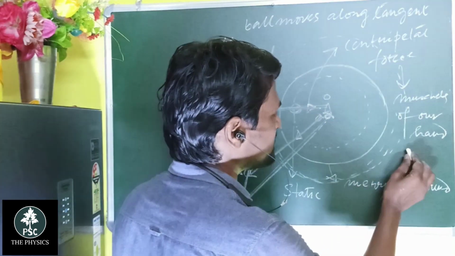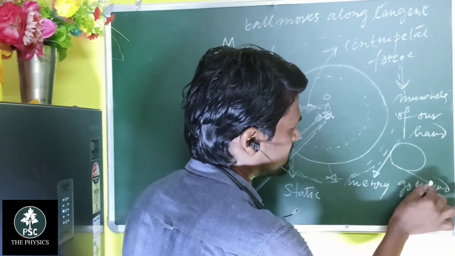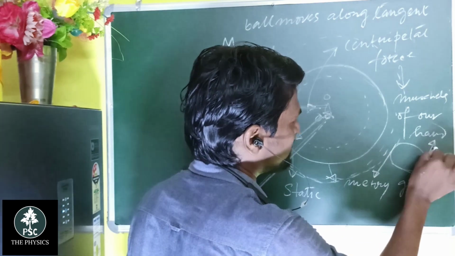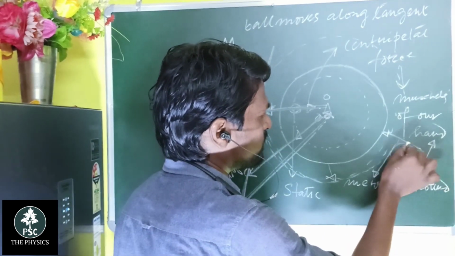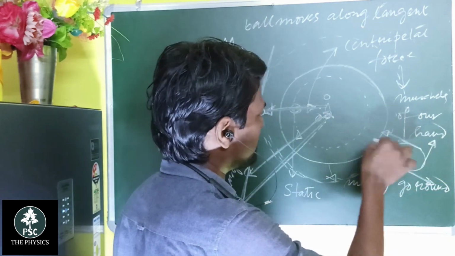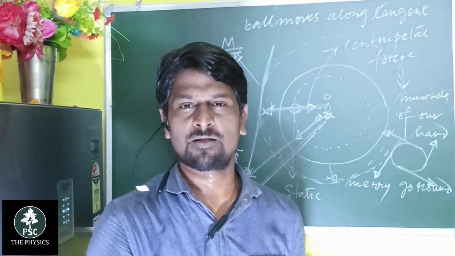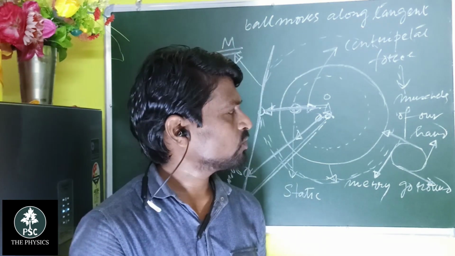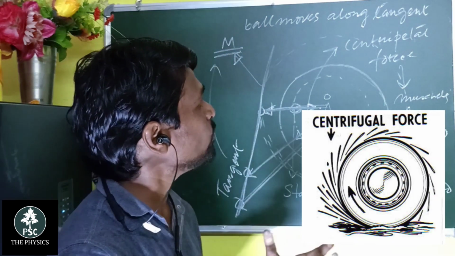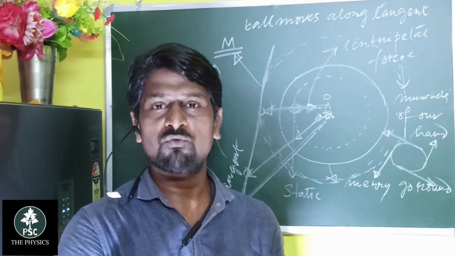If this is the circular path, the tangent is along this direction, and this is the direction. Your friend sees that the ball moves along the tangent, but you see that the ball moves in the radially outward direction. So centrifugal is a fictitious force or virtual force.